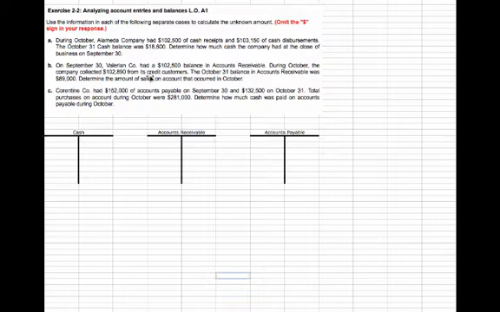Now, what we could do is take a look at this T account. Knowing that cash right here is an asset account, we know that a positive balance in cash, or an increase to cash, will be on the debit side of the T account. A decrease in cash will be on the credit side of the T account. So I could take my beginning balance on this side.